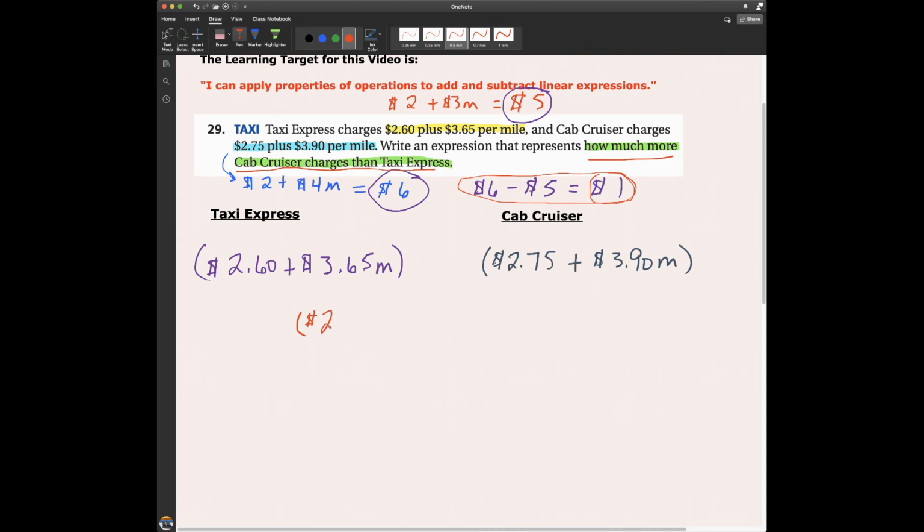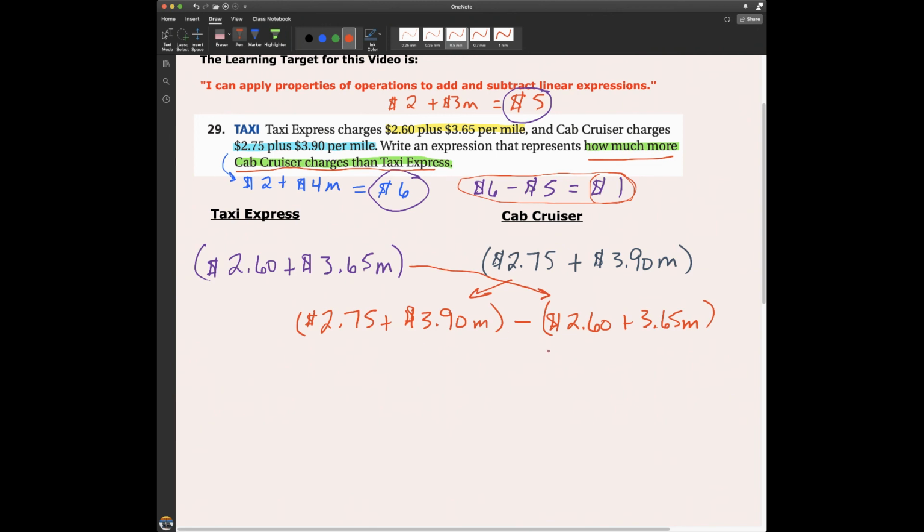So this would be $2.75 plus $3.90 per mile minus $2.60 plus $3.65 per mile. All right, so here is the Cab Cruiser and here is the Taxi Express. We want to know how much more does Cab Cruiser charge.